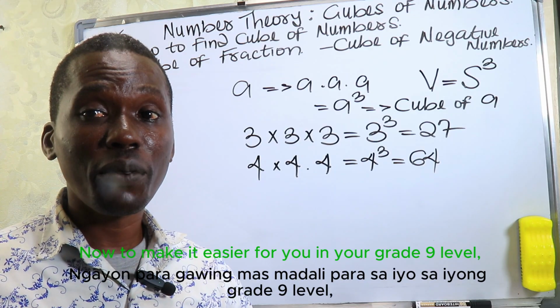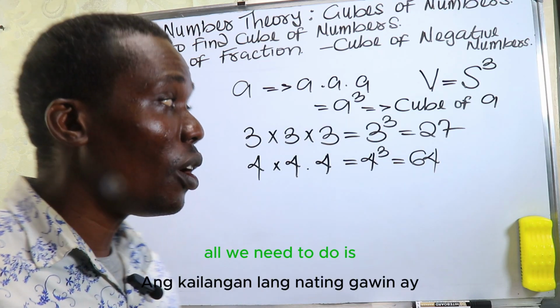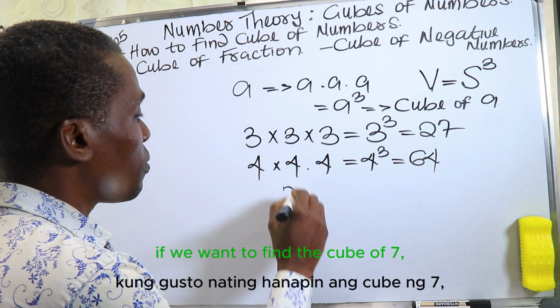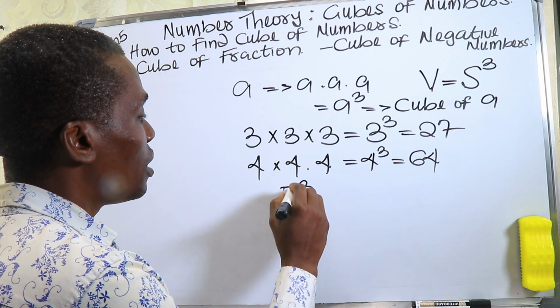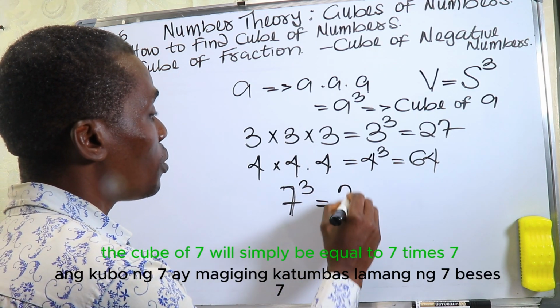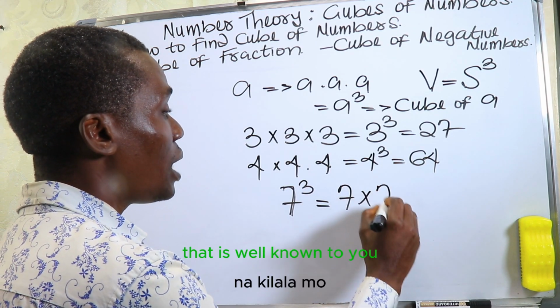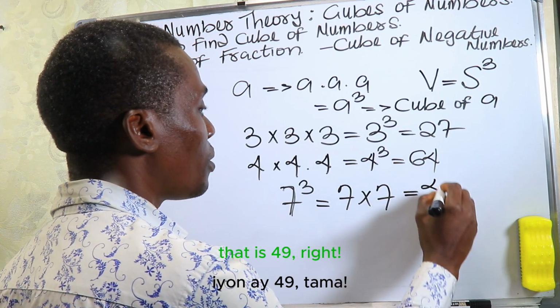Now, to make it easier for you at your grade 9 level, if we want to find the cube of 7, the cube of 7 will simply be equal to 7 times 7. That is well known to you. That is 49.